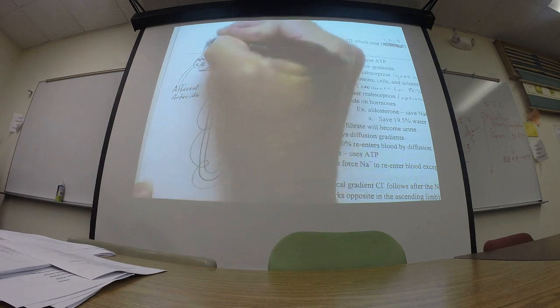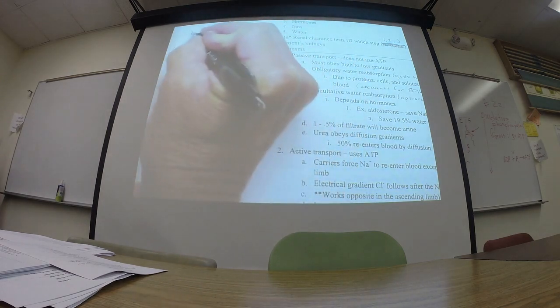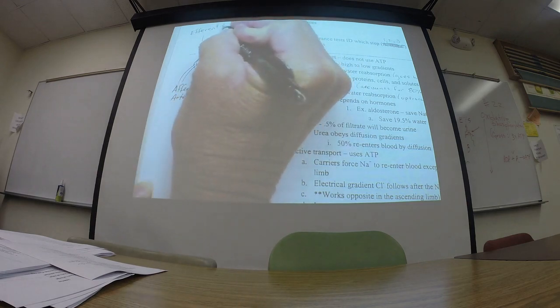So then what is this littler one? Efferent arteriole. And so they do that on purpose.